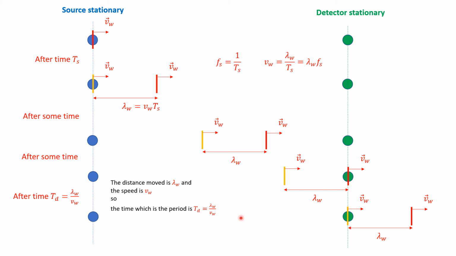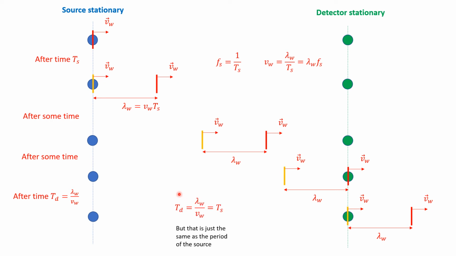It's just a simple relationship between time and distance and speed. The time is the distance that it moved divided by the speed that it moved. And so the period that the detector perceives is the wavelength of the wave divided by the speed of the wave.